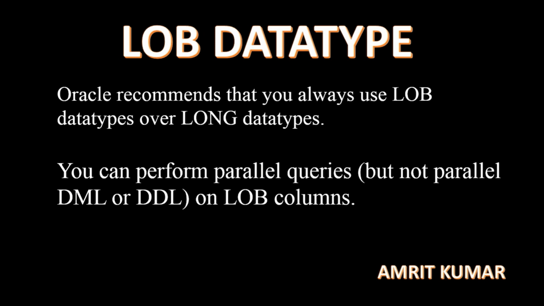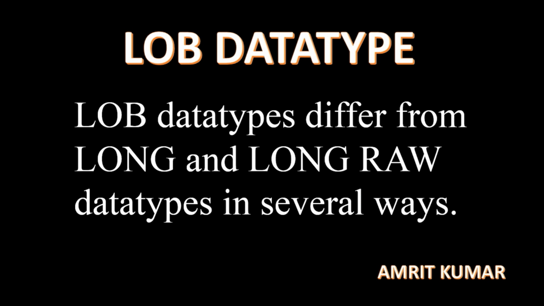We cannot perform DML, that is data manipulation language, and data definition language on the LOB columns, but we can perform parallel queries on them. Okay, moving on to the next, that is LOB data types. The LOB data type differs from the LONG and LONG RAW data types in several ways.